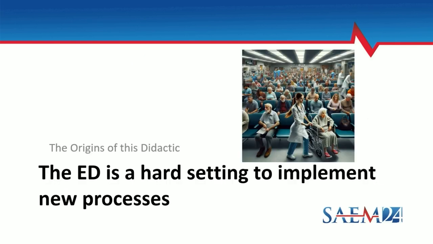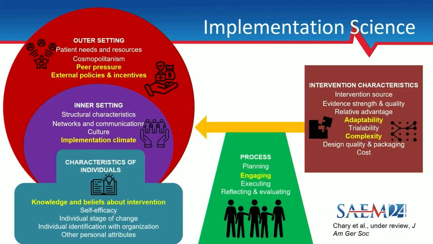And so here we get to the purpose of this didactic. Hopefully you're attending because you want to screen patients for delirium in your ED or just learn more about it. And as mentioned, it's an incredibly hard place to implement some of these new processes. We have very real-time constraints, stretched-thin staff, high staff turnover, and implementing anything, whether it be a delirium screening or changes to EMR, anything that disrupts workflows or throughputs can be incredibly challenging.